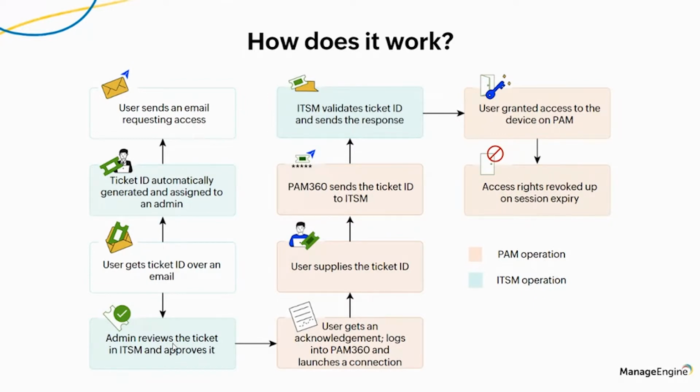And you can configure a series of criteria to say, please provide access only if the ticket is open. Provide access only if the ticket is in progress state. If it is in open state or if it is in closed state, then the user should not be given access.